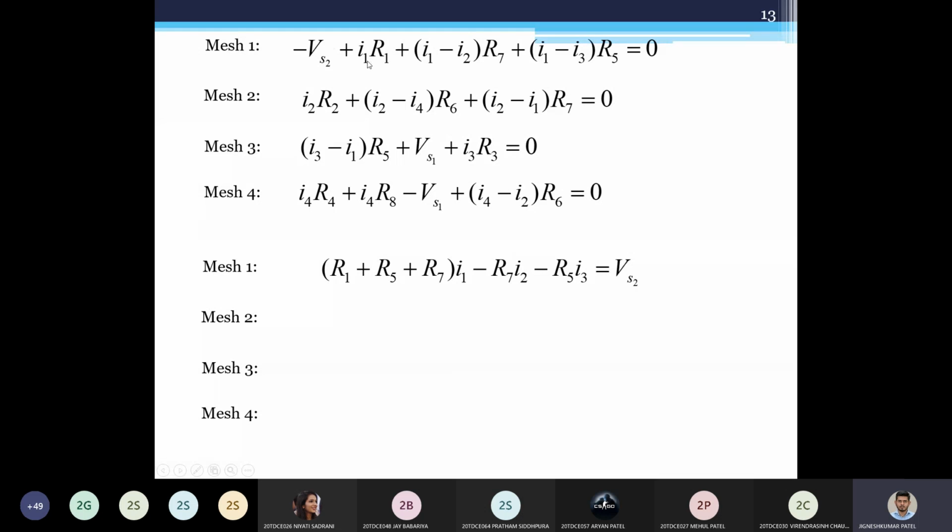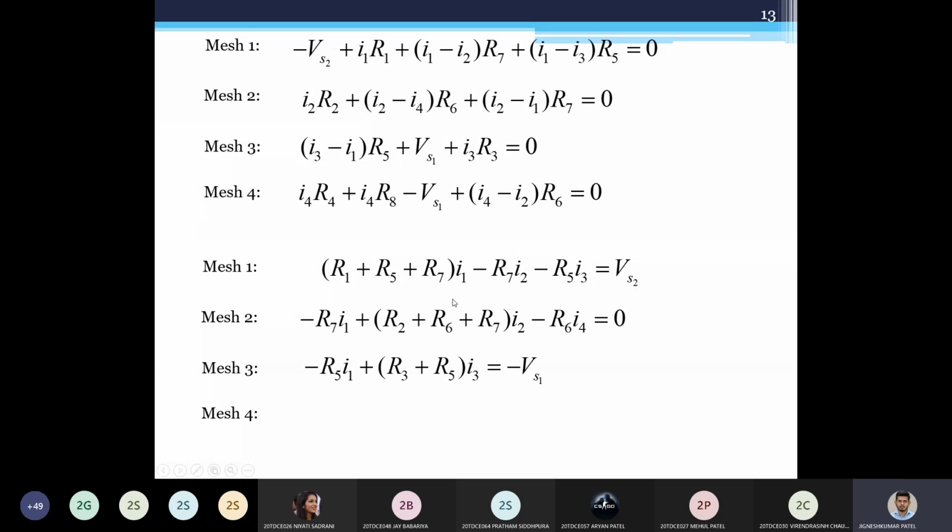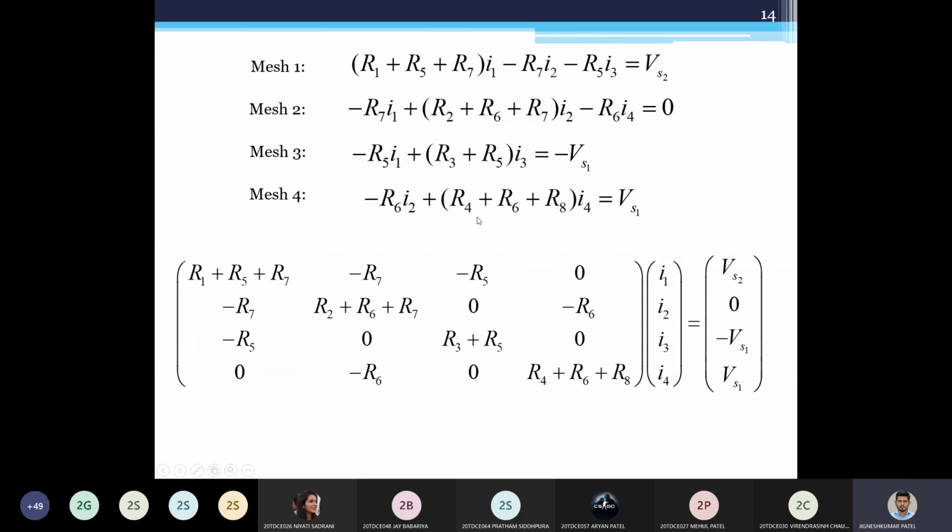I will simplify. I'll take I1, I2 and I3 common over here. So I'll get this kind of equation with I1, I2, I3 elements. I'll take all the voltage sources on the right hand side. I will take all the voltages, and from these equations I can write down this kind of matrix, and by solving this matrix we'll get I1, I2, I3 and I4 values.